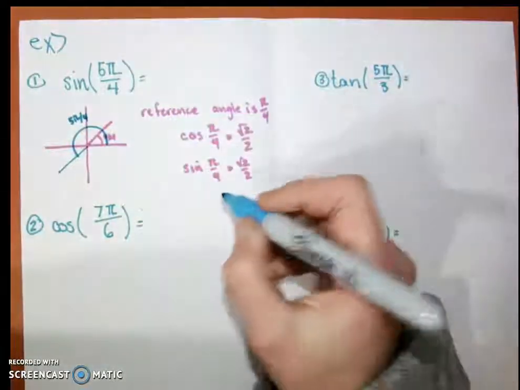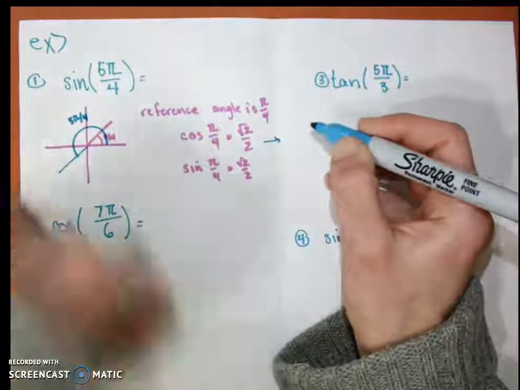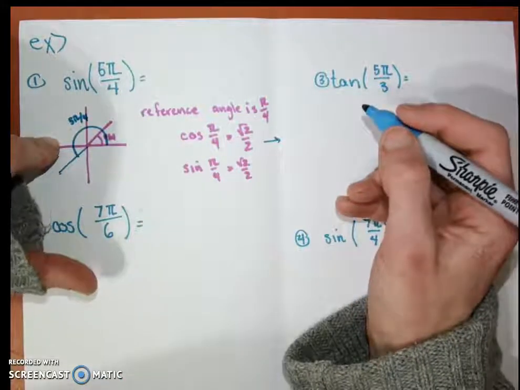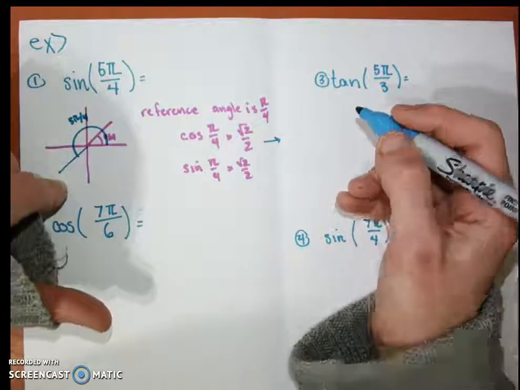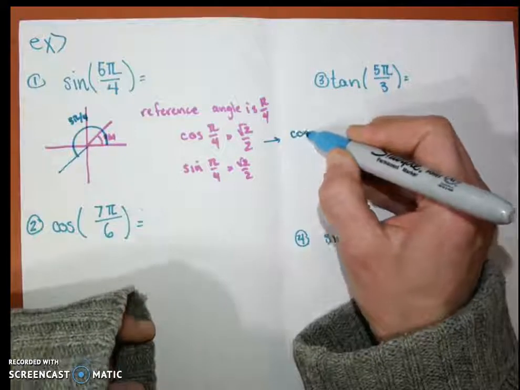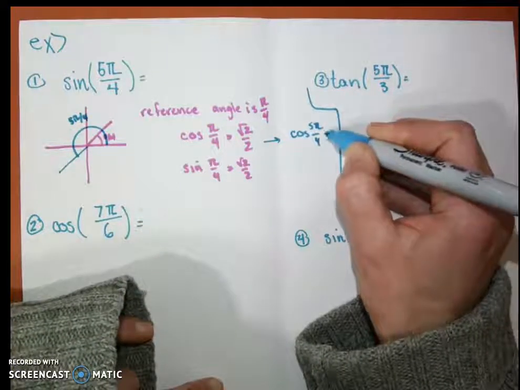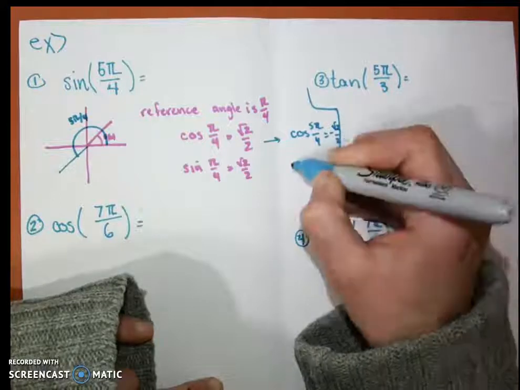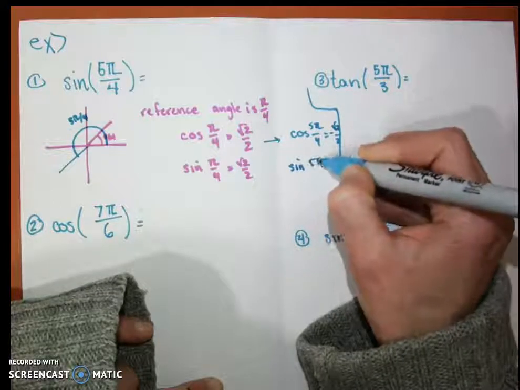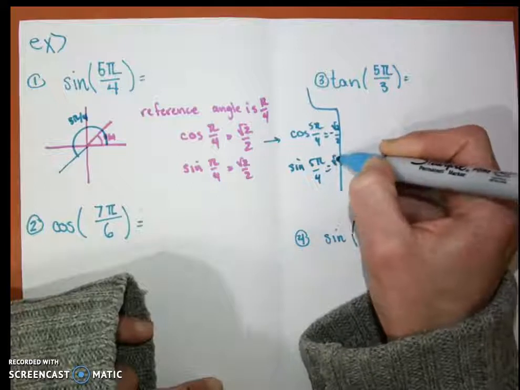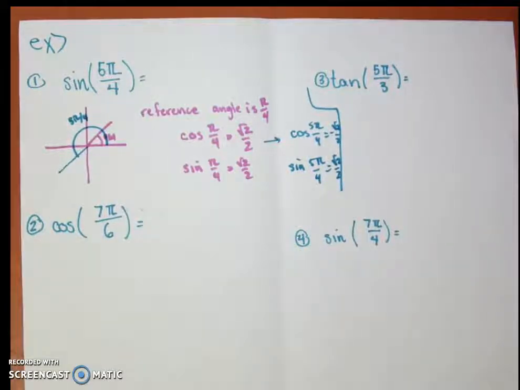So all I have to do is take these and notice that now both my x-coordinate and my y-coordinate are negative. So cosine of 5 pi over 4 is negative root 2 over 2. Sine of 5 pi over 4 is negative root 2 over 2. So take that in for a moment.